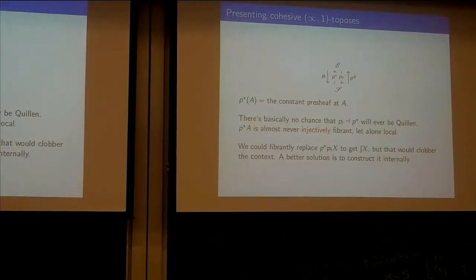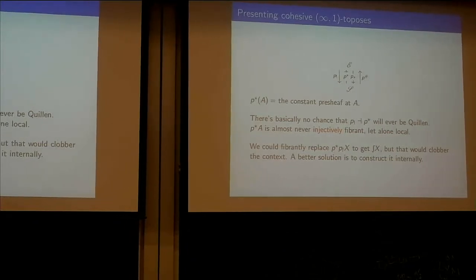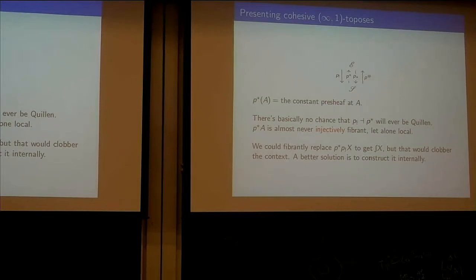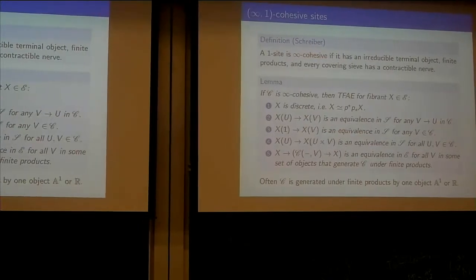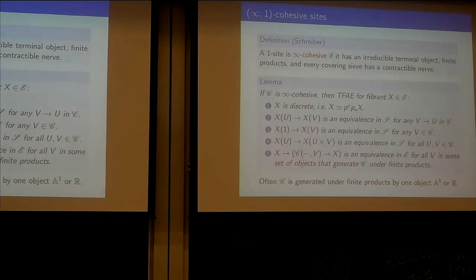But that would have the problem that it would clobber the context. That would mean that we would have to also apply shape to everything in the context. That might sometimes be what you want, but it'd be more useful to be able to apply it in more general contexts without messing with the context. So in this case, what we can do is construct it internally by nullification. I mentioned before that we can nullify at the real numbers or our line type A1, which we mentioned in other talks too.